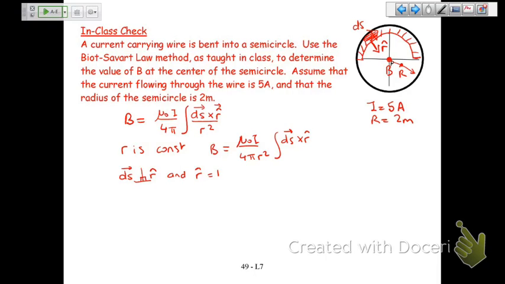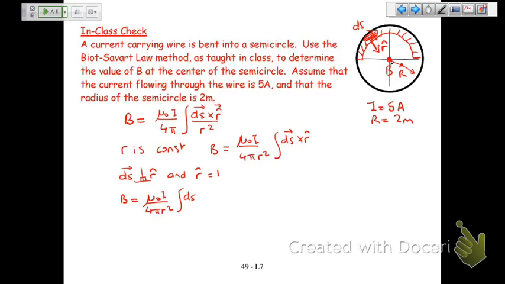And that enables me to say B is equal to mu naught I over 4 pi r squared. So if r hat is 1 and they're at 90 degrees to each other, then the sine of 90 equals 1. So this just comes down to the integral of ds. So I'm compounding a couple of steps there, but I don't mind that. You just told me that ds is perpendicular to r hat, and r hat is equal to 1, so I'm comfortable with that.